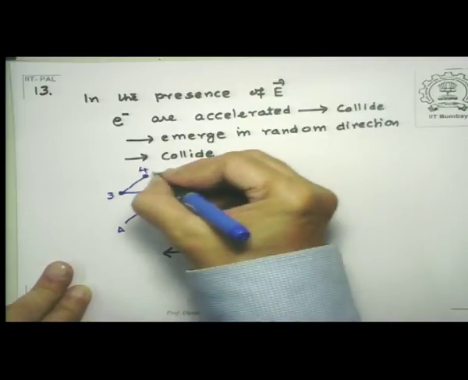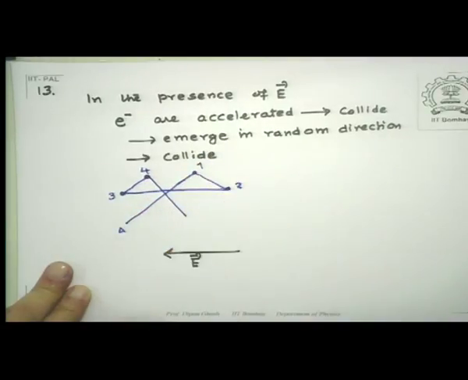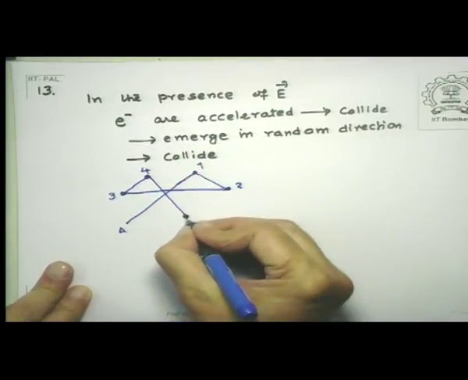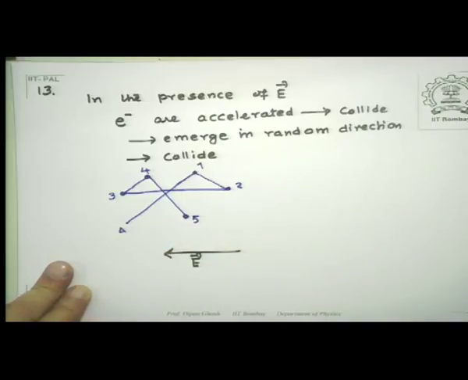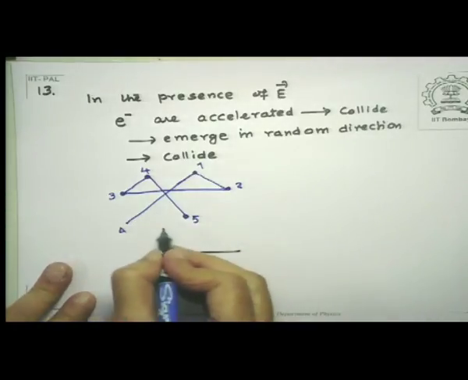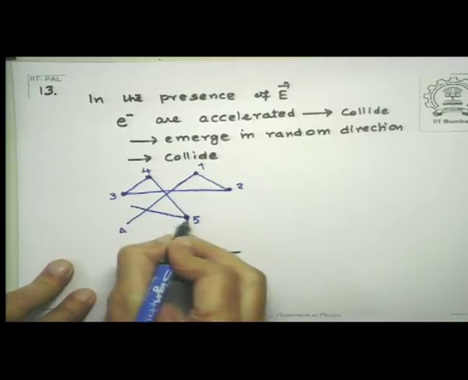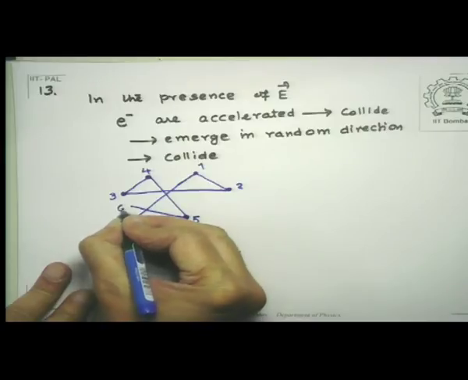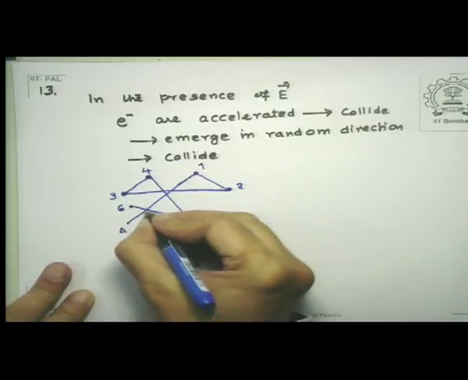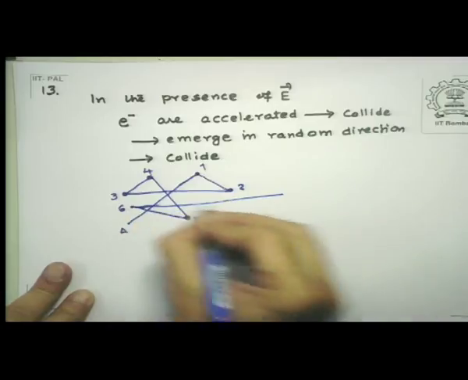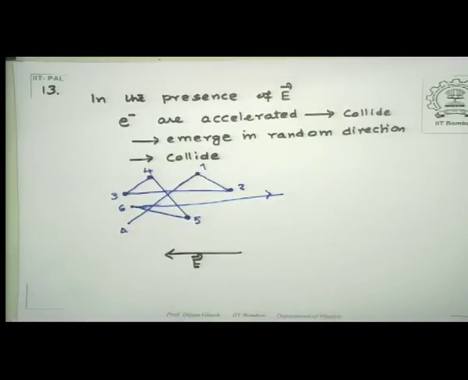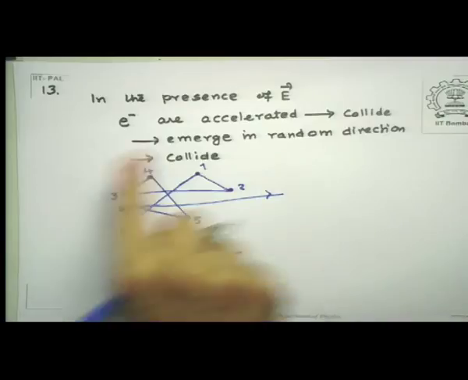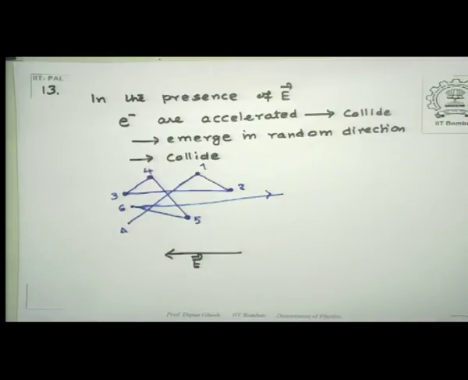Then it, let us say, comes like this, this is 5, and let us say that once again this is an arbitrary direction figure, so do not worry about any pattern in this. This is 6, and then finally it comes like this. So this is typical. I mean, you could draw any way you like. In this particular picture I have shown you the electron goes through 6 collisions.